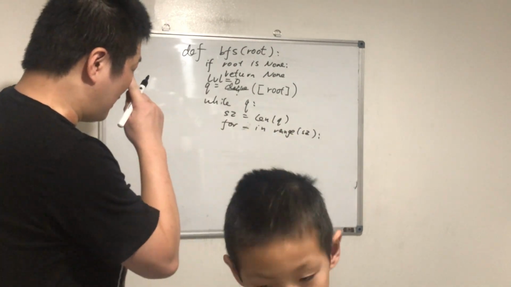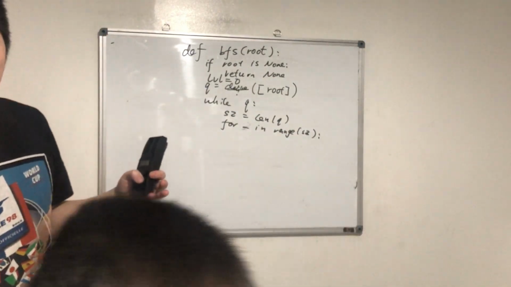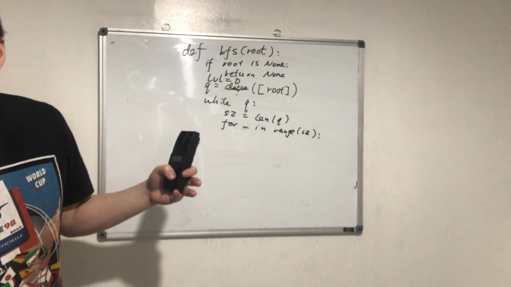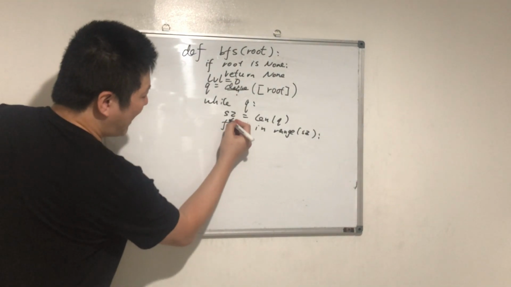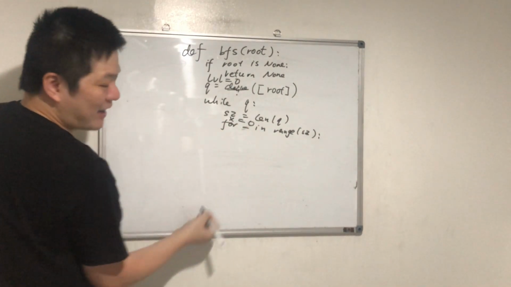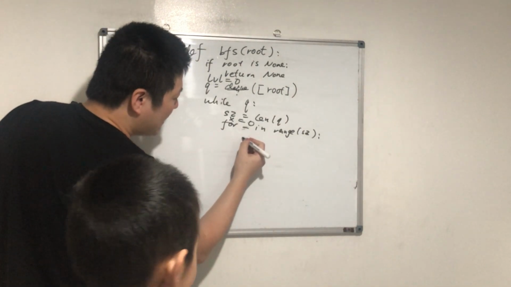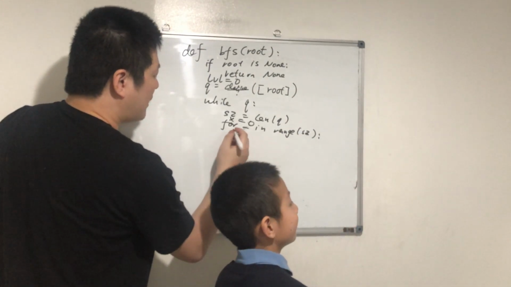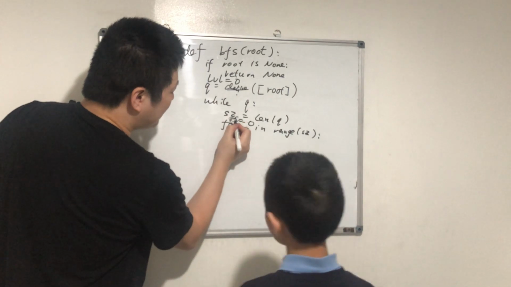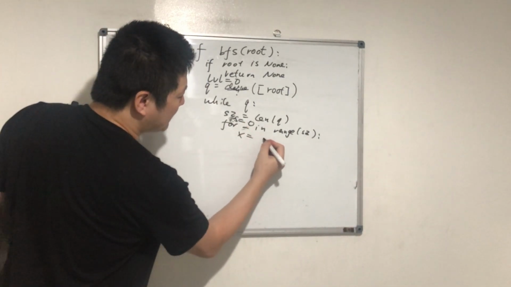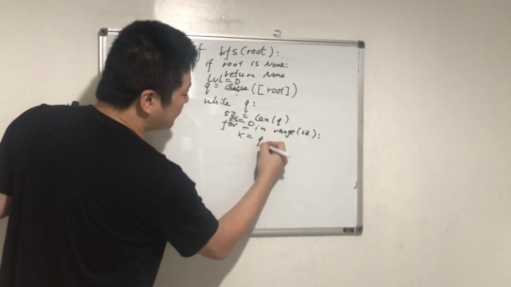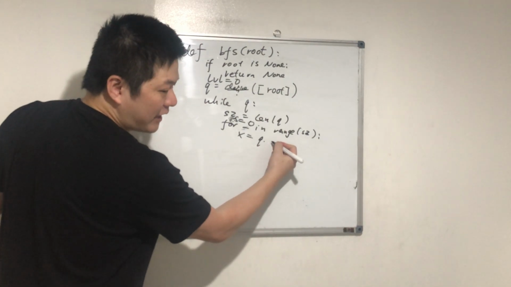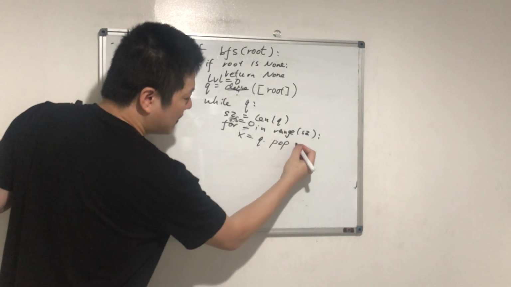Okay, so now we also need a variable to sum up the value, right? Let's call it S, okay? S equals 0, let's say sum equals 0. And x equals, let's do DQ, right? Q dot what? How do we DQ it? Pop left first.